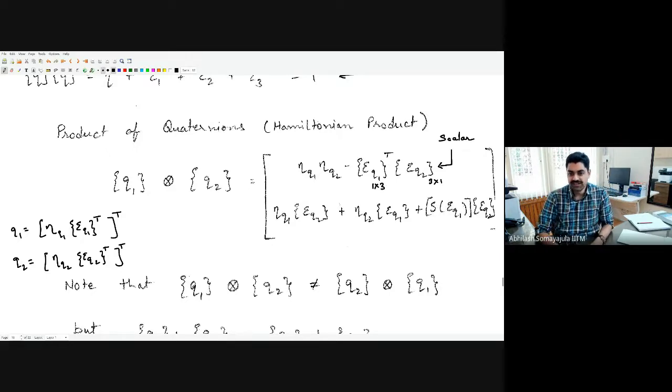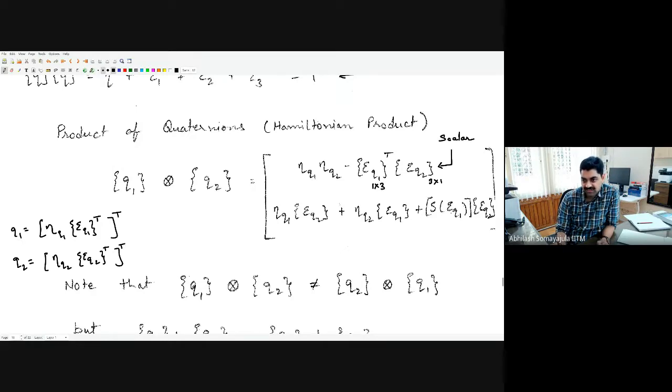So that will be the first value of the product of the quaternions. Now, the next components, which is the other three components of the quaternion, are defined as eta Q1 times epsilon Q2 plus eta Q2 times epsilon Q1 plus the skew symmetric matrix obtained by epsilon Q1 times epsilon Q2.